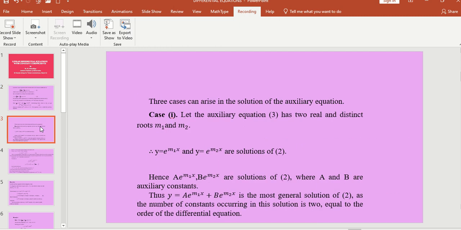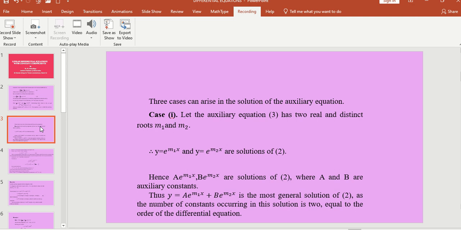For finding the solution of the homogeneous case, we have three cases. The first case is, let us consider the auxiliary equation 3 has two real and distinct roots, say m1 and m2. Then y1 equal to e power m1x and y2 equal to e power m2x are solutions of 2.